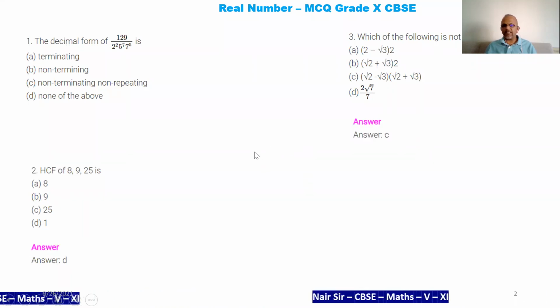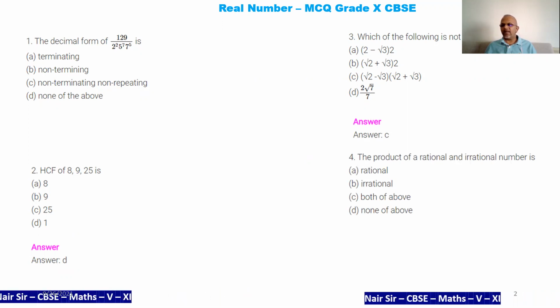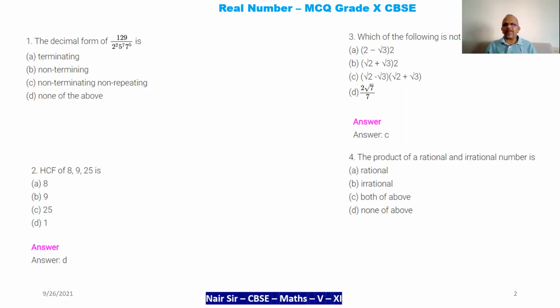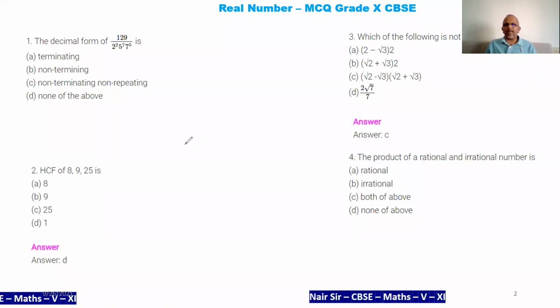The answer is C. The product of a rational number and an irrational number. Take any number, take a rational number, I can say root 2. Take an irrational number. Oh, sorry, this is an irrational number. And take a rational number, 2.